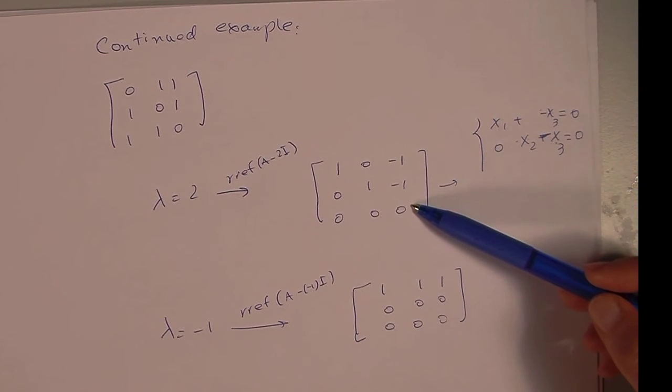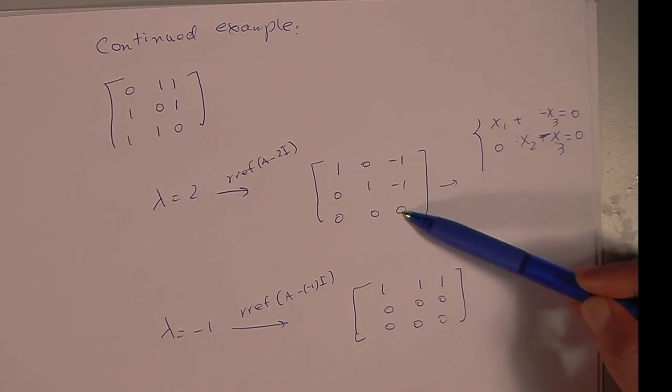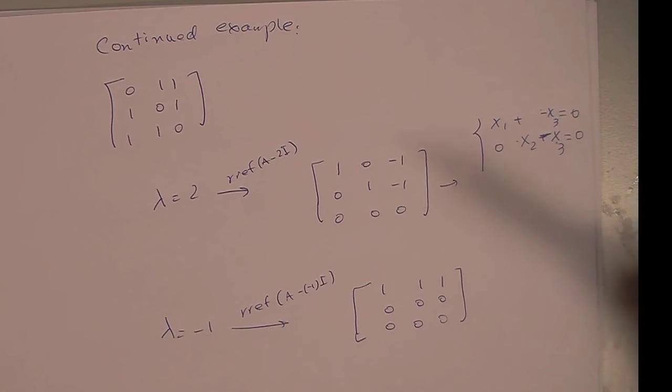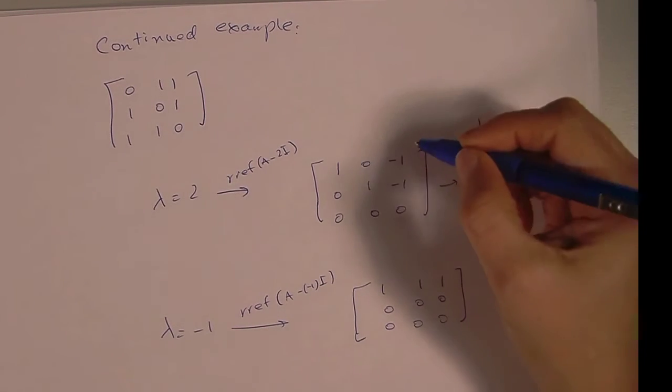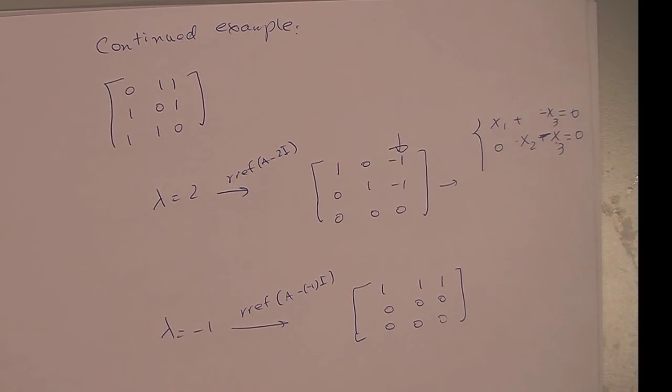As we're expecting, we're finding the null space, therefore there should be rows of zeros on the bottom. In this case, the only column that doesn't have a leading 1 is x3.